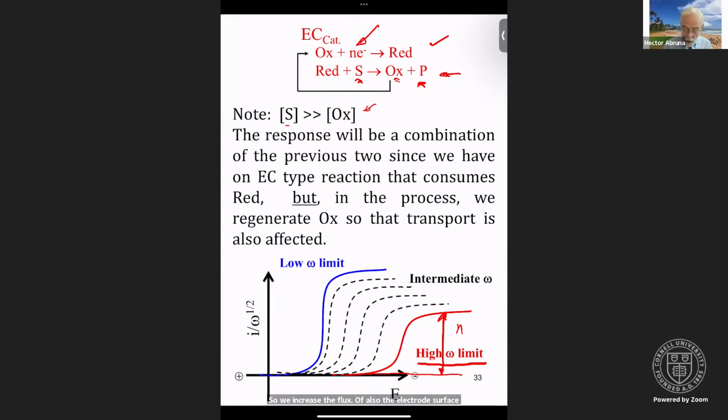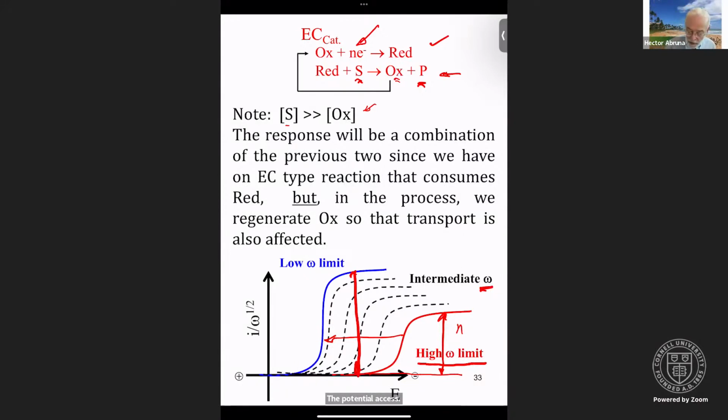And so in the low omega limit, we should observe a wave that is shifted on the potential axis, but also we have a larger limiting current due to the catalytic step. And then clearly at intermediate values of omega, we see a transition in terms of both the limiting current as well as the displacement on the potential axis.